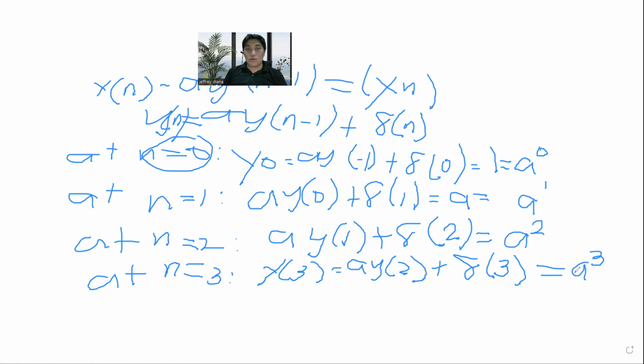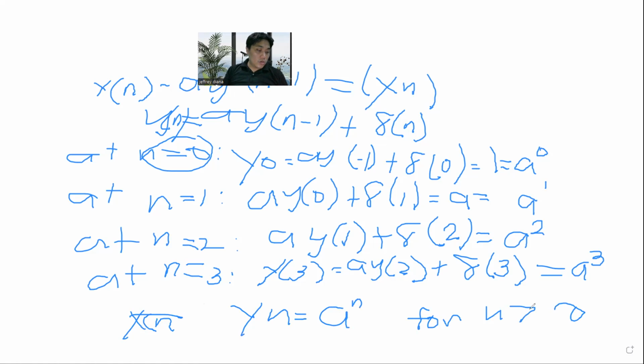Then the general form of this output will be y[n] equal to a to the power of n for n greater than or equal to 0. So the system is a causal system.